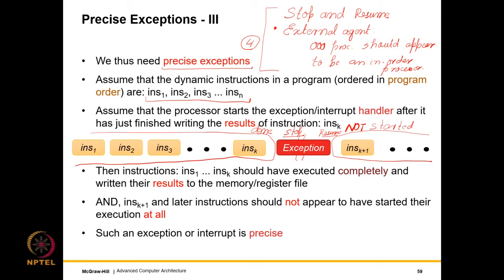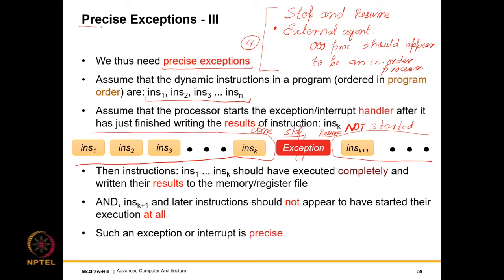Stop, resume. For a seamless stop and resume, you will agree with me that the first k instructions have to be fully done, and all the instructions after it should not even have started.